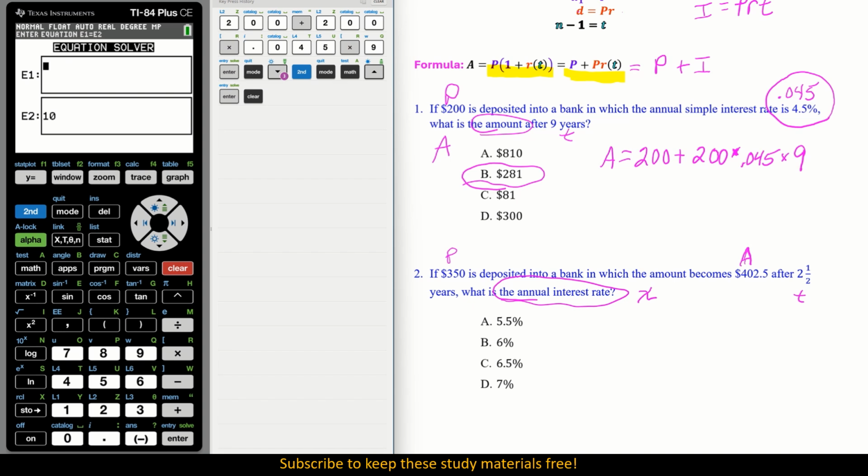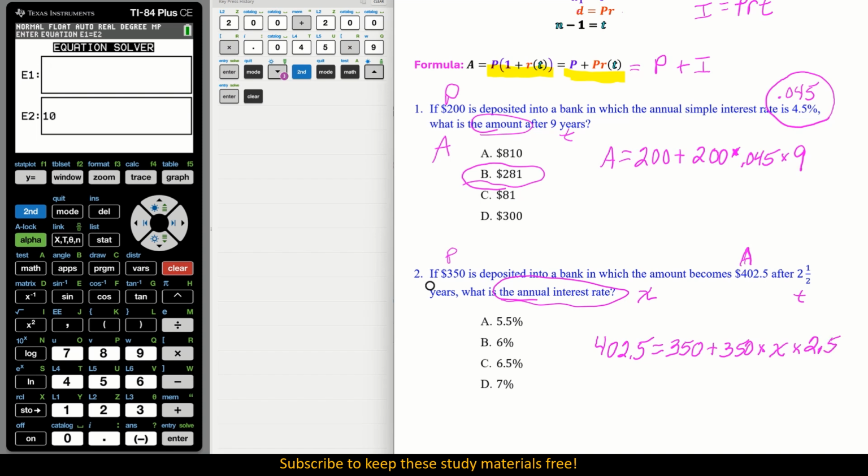Okay, what do we have? We have 402.5 equals 350 plus 350 times, we don't know the rate, that'll be X, and then times 2.5 years.